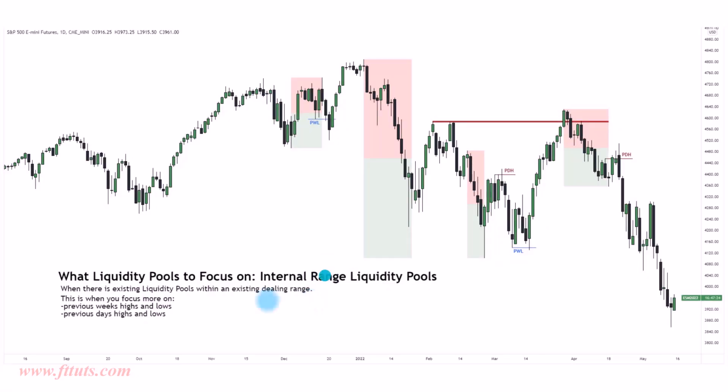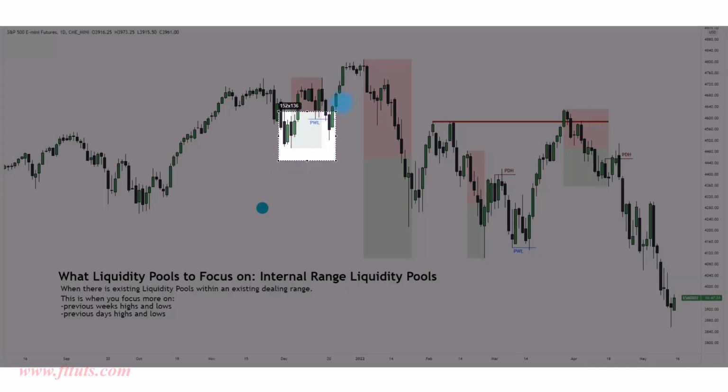Okay, so what I mean by this is we have a trading range here. We can use liquidity pools inside of the trading range. Okay, so if this is low and high, if we have a swing low inside of that trading range, that would act as a liquidity pool. So price would seek that to trade higher.